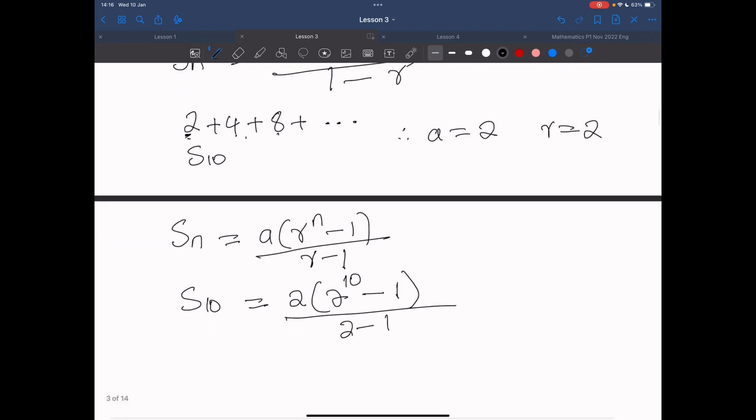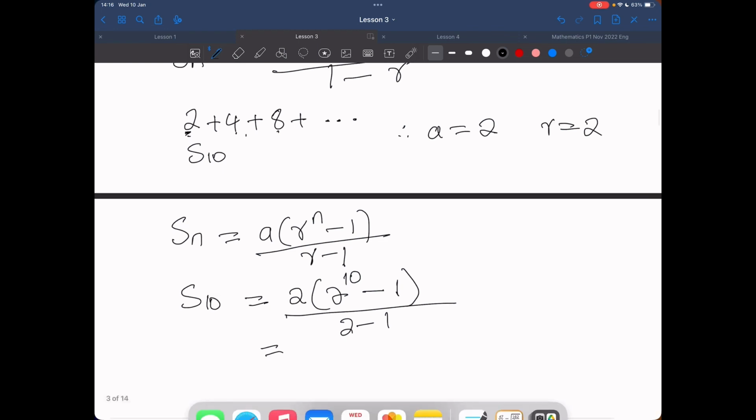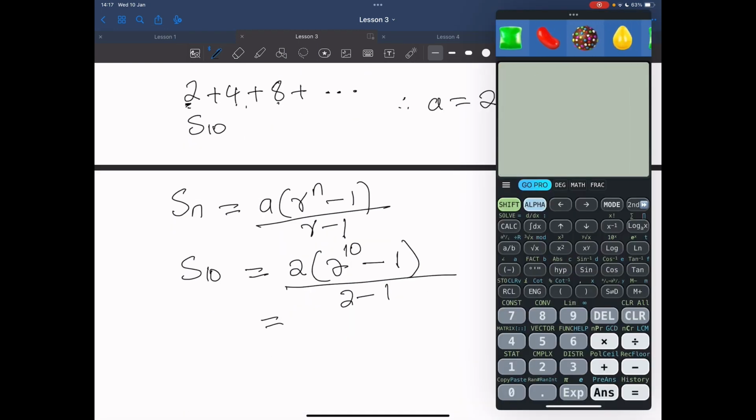So we can use a calculator. We are going to use this scientific calculator here, the Casio. So we will press it as it is. For the division sign, we'll have this a over b right here. And then we have 2, open bracket, 2 to the power, so to the power is x exponent y there.